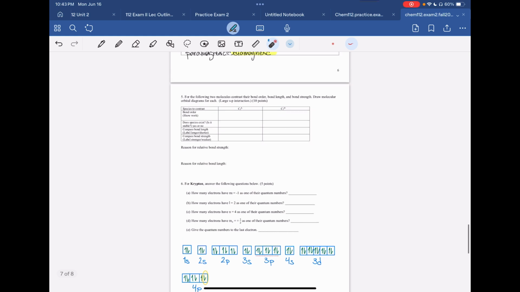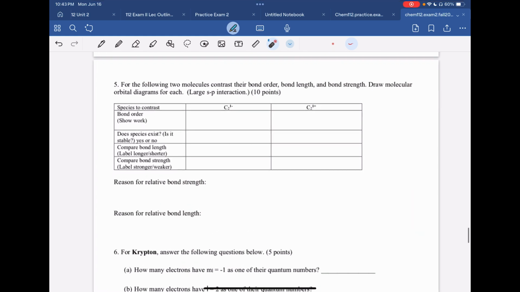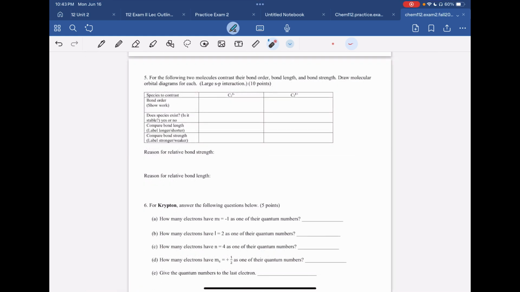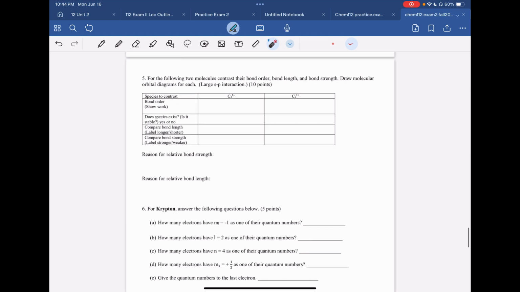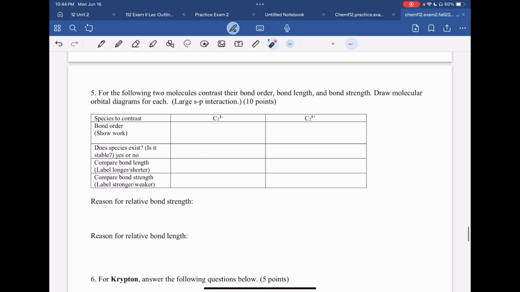Okay, so for this question, you're going to compare a couple of species from each other. He went over two different examples in the lecture notes. So there's three examples he can choose from.